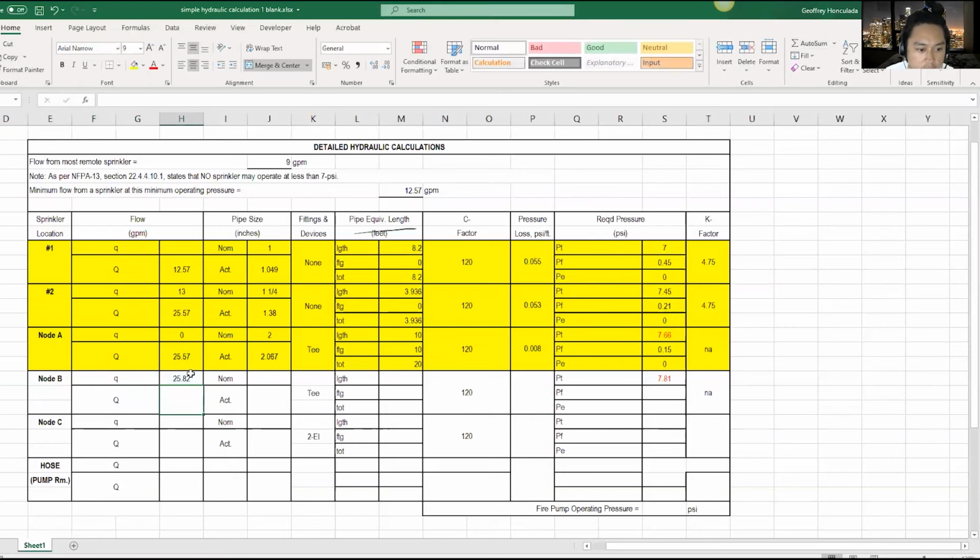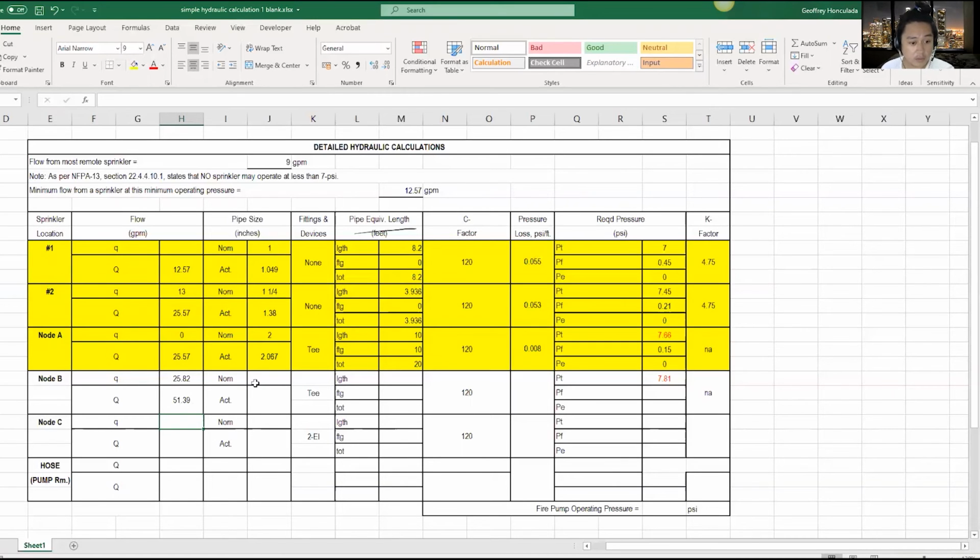Hang on, that's the reason why I don't like the auto sum in this one. What I do should be the same, this one plus this one. Apparently we've got 51.39 for our total Q at node B.